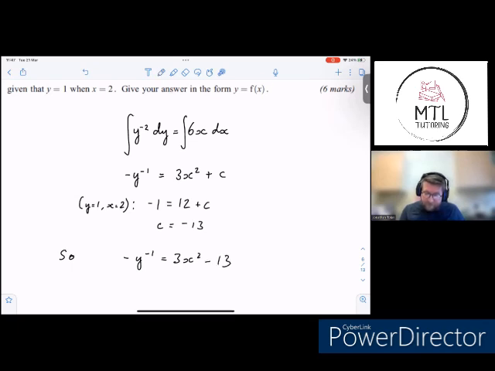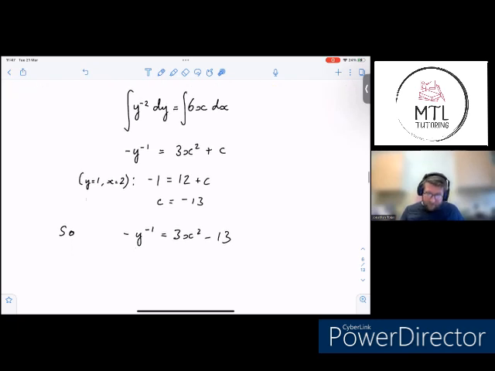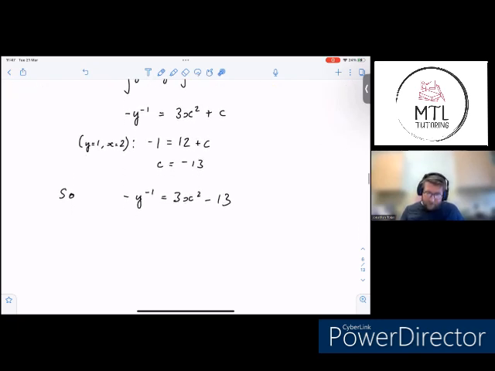Now, notice they've told us what form to give the answer in. We've got to make y the subject. So in order to do this, let's get rid of that minus sign, and reciprocal both sides. There we go.